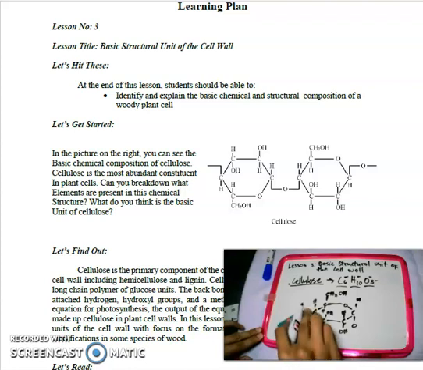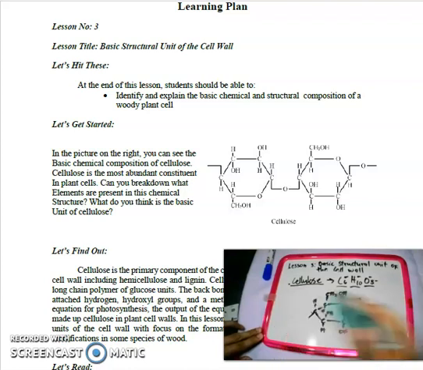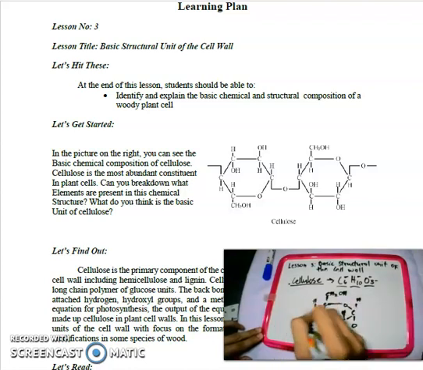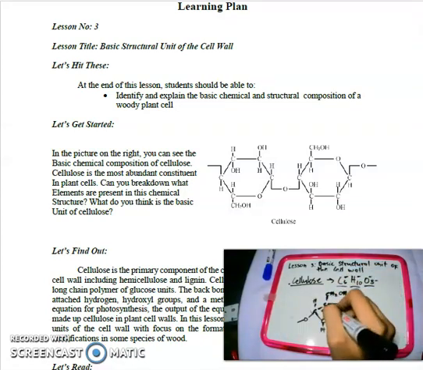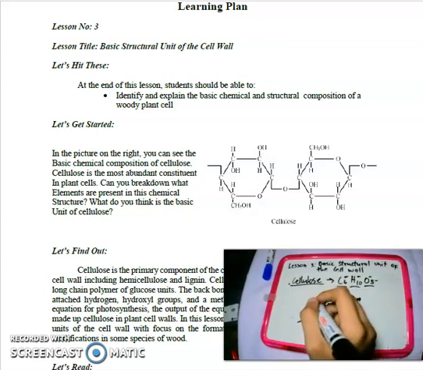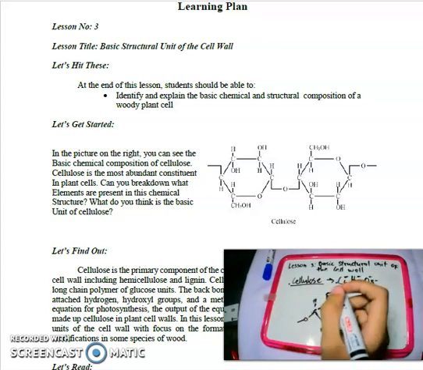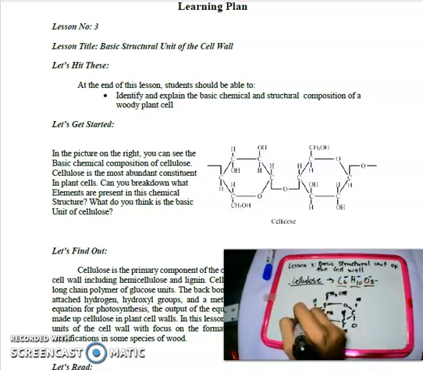It's not hydrogen. This is oxygen. Then that is now connected with, so again, this one glucose unit here will be connected again by a glycosidic bond to another glucose molecule.